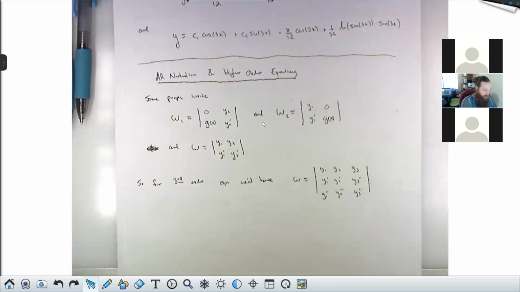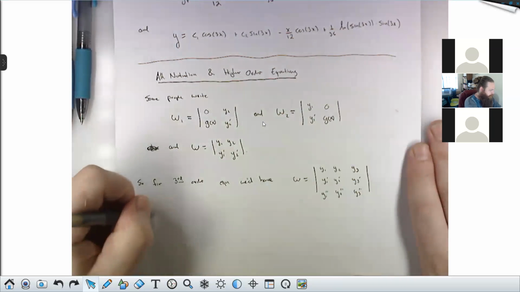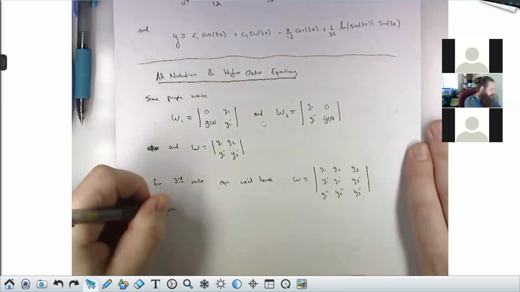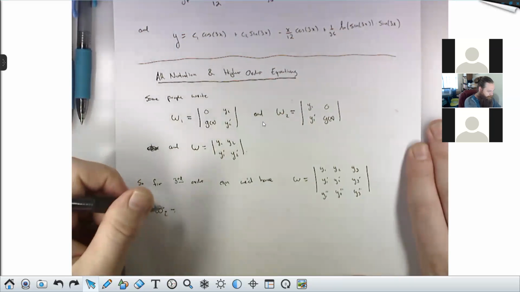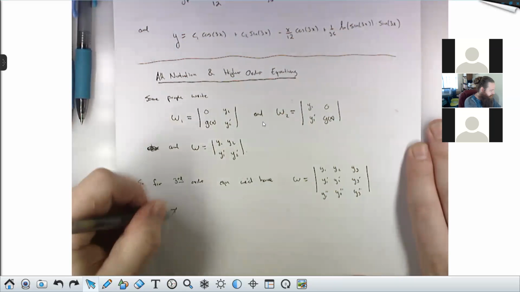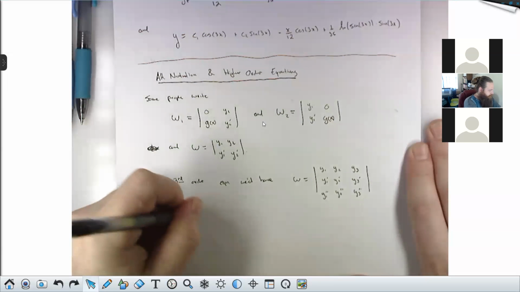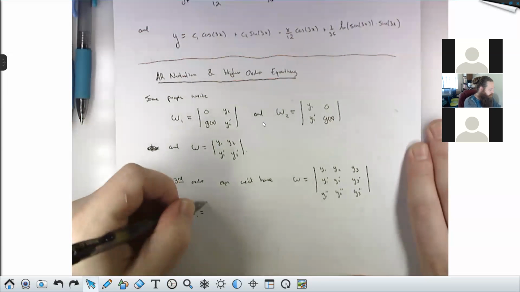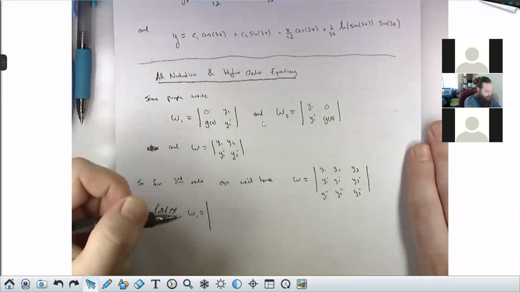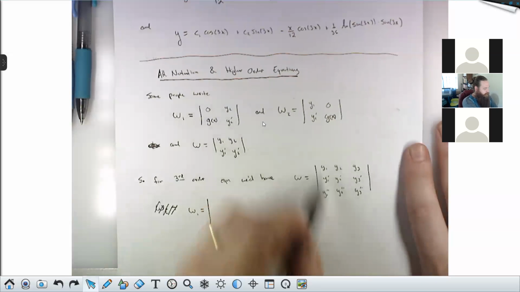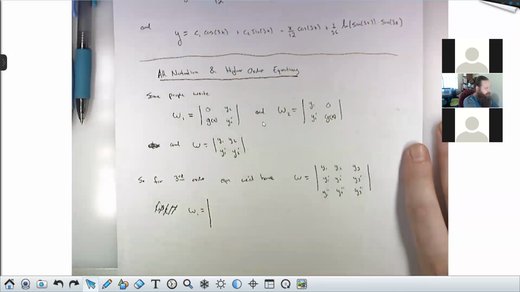And you can say that W1, W2, and W3, we'll call them Wi. W1 is what you would get by swapping out the first column for zeros and then g of x.